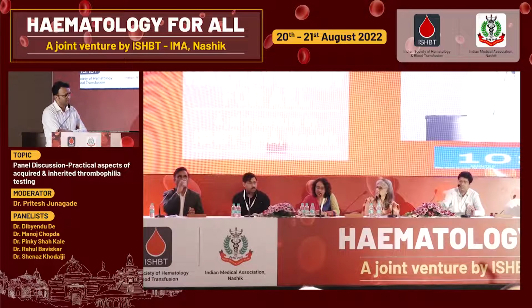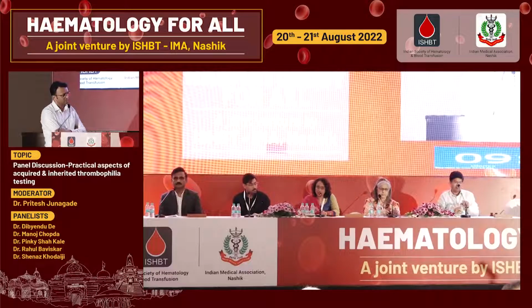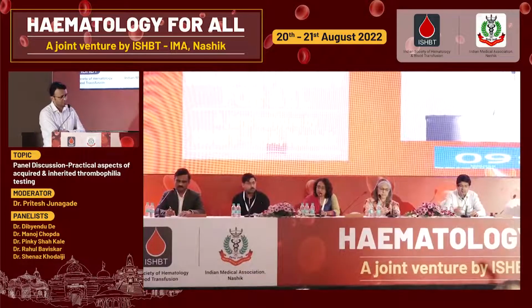I have already mentioned that acquired causes are more common in pediatric patients. In about 90 to 95% of patients, there is an underlying triggering factor. So we advise the thrombophilia genetic panel in very few cases, like 5 to 10% of patients, especially when there is no triggering factor and the pediatric patient has a thrombosis with a positive family history, like the father or any first degree relative having a stroke at less than 45 years, or the mother having a thromboembolic event post-delivery.